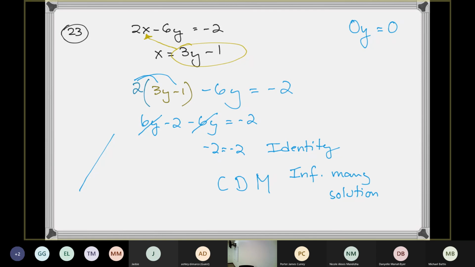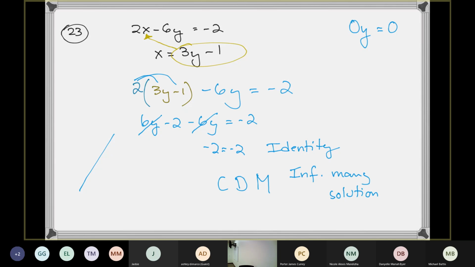So be careful. Sometimes your variables can cancel out, and then you think you're doing something wrong. Go ahead and ask me. Oh, don't we combine these now? Yes, 6y minus 6y, they cancel out. No, they cancel. They're gone. They cancel each other out. Cross them out.